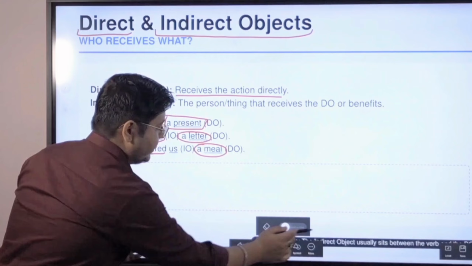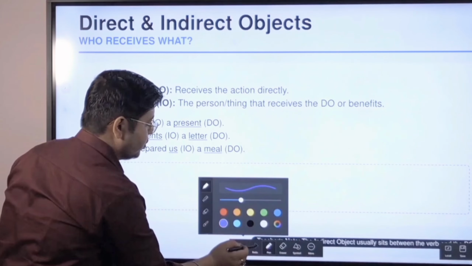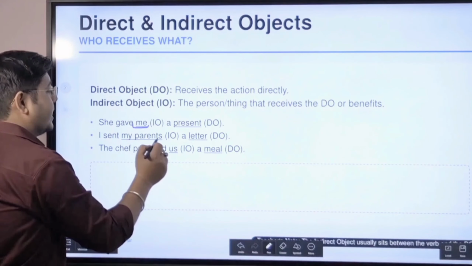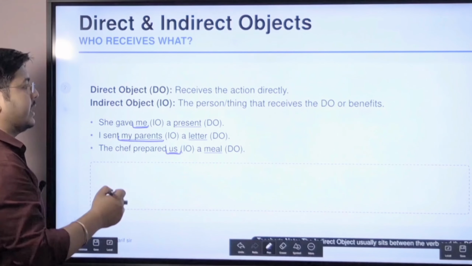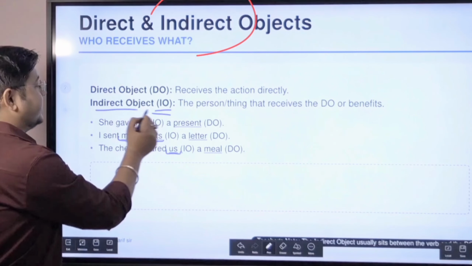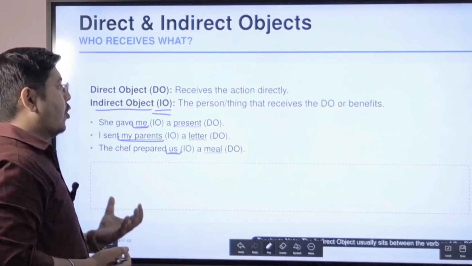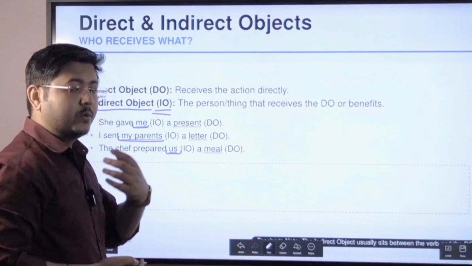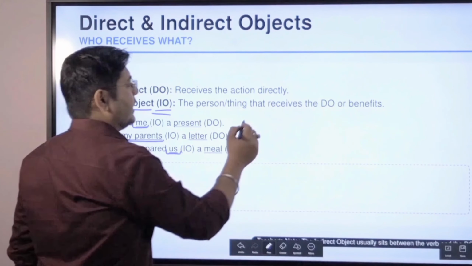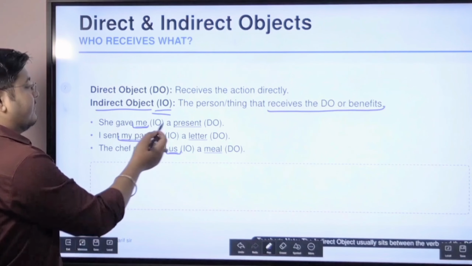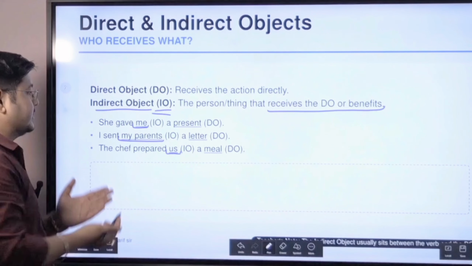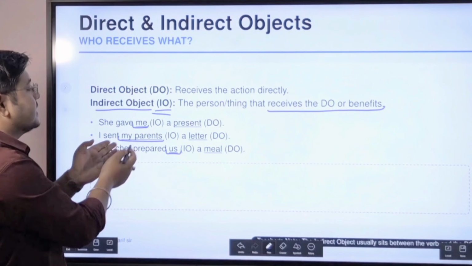Now, if these are the direct objects of the sentence, what about the other ones? The remaining objects here, me, my parents, and us, become indirect objects. Because indirect objects are those people, those objects that receive the benefits of the action. She gave a present. Who benefited from the present? Me. I sent a letter.